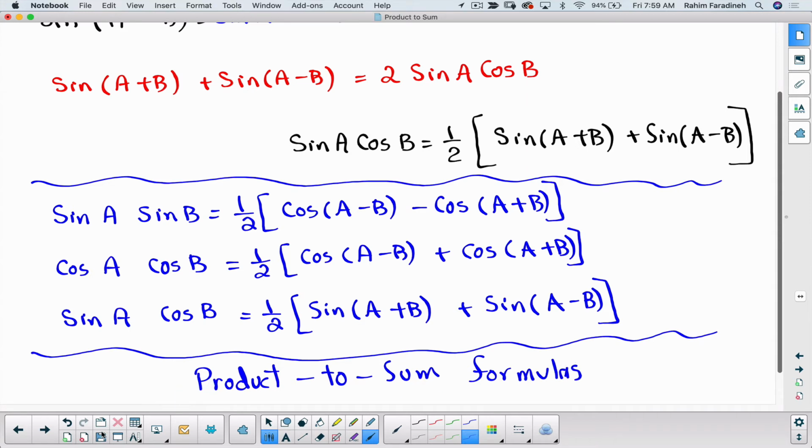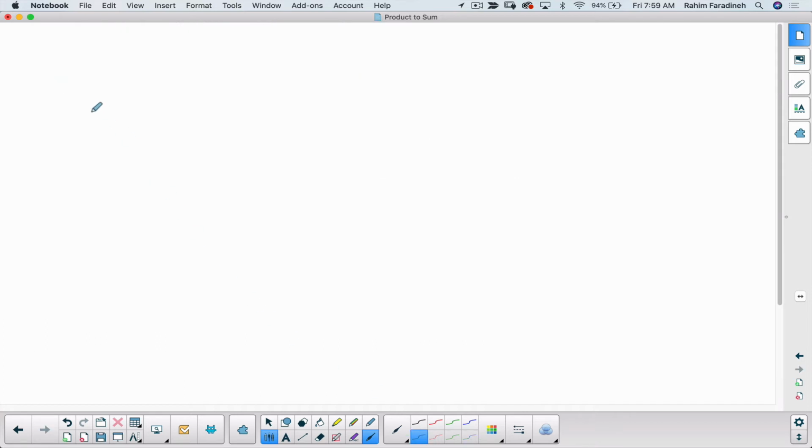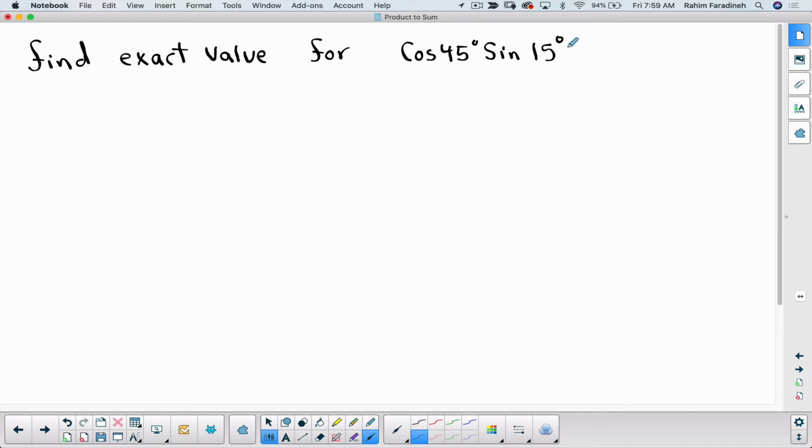Now let's take a look at a few examples. I want to find the exact value for cosine of 45 degrees times sine of 15 degrees. So we have a combination of cosine times sine.